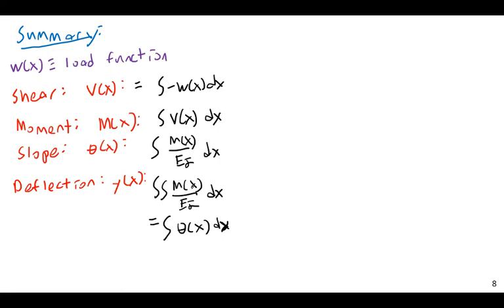Now, it is something interesting to note about this. Notice the shear and moment, we don't need to know anything about the beam itself. We do not know anything about the material it's made of. We don't know anything about the cross-sectional area, the moment of inertia, anything like that. We know nothing about the beam itself other than its length to develop the shear and the moment.